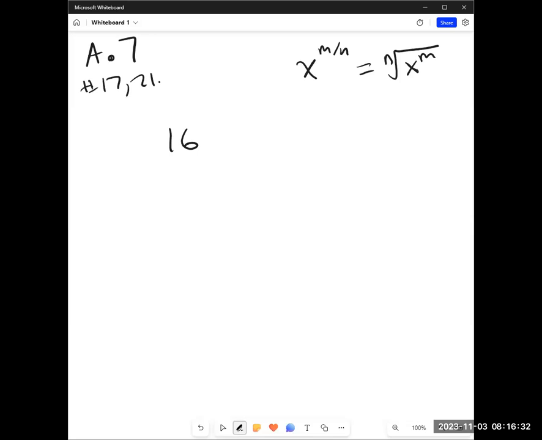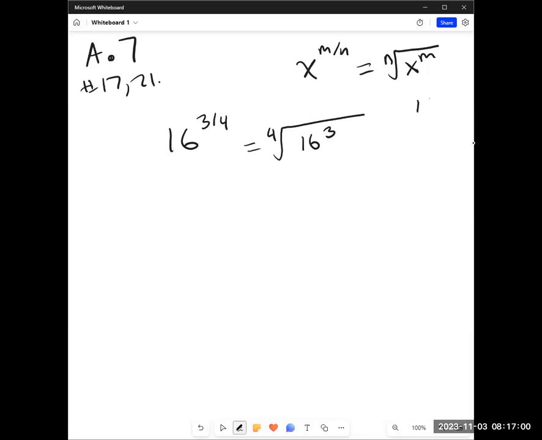So 16 to the 3/4 power is going to be the 4th root of 16 to the 3rd. So I want to see if I can write 16 in its prime factorization.